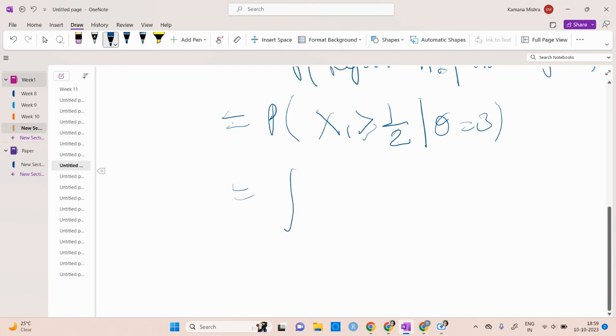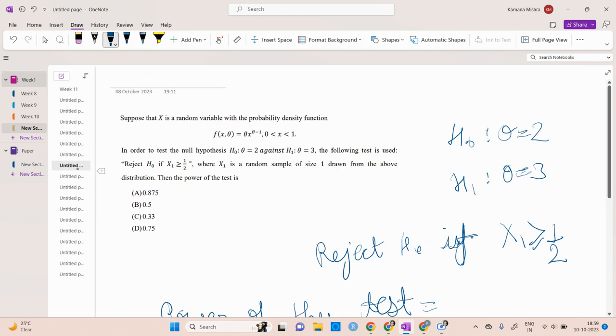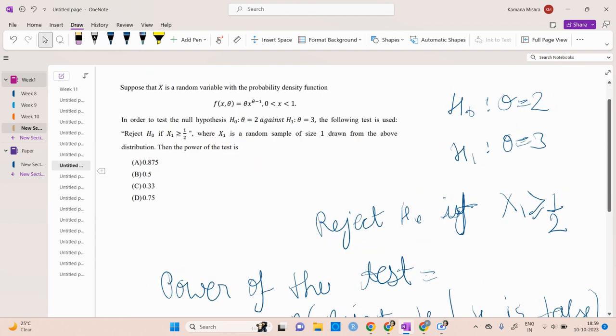X greater than half, so here it is continuous, so half to infinity.